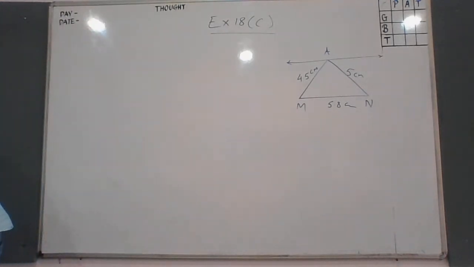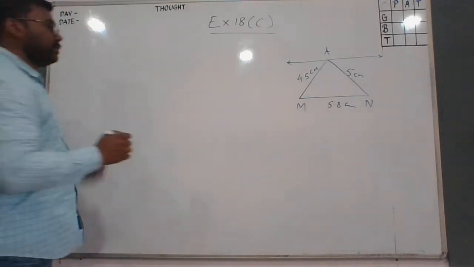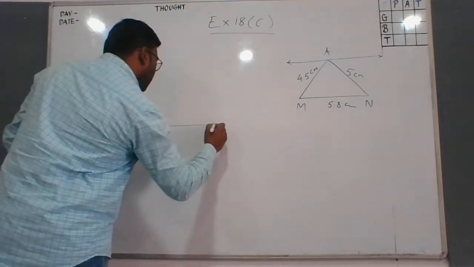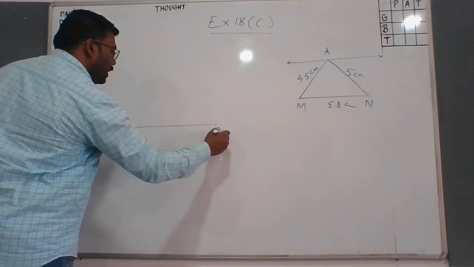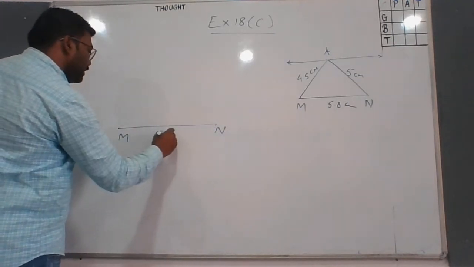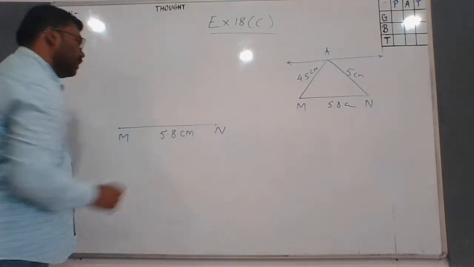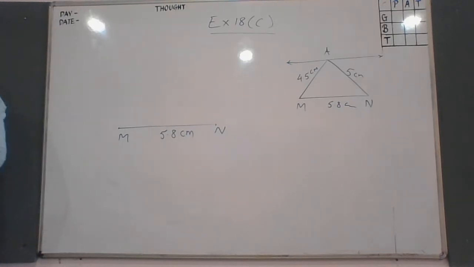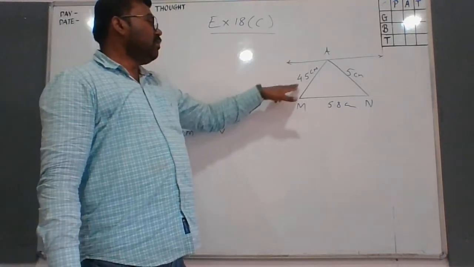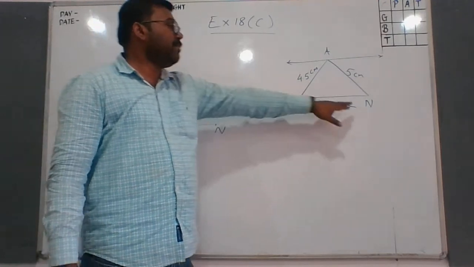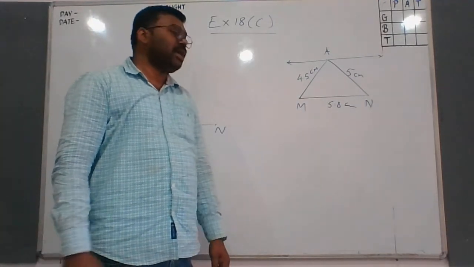Now let us see what to do. First, draw the line MN 5.8 centimeter. Correct? Then what we need to do? We want to locate the point A, which is 4.5 centimeter from M and 5 centimeter from N.